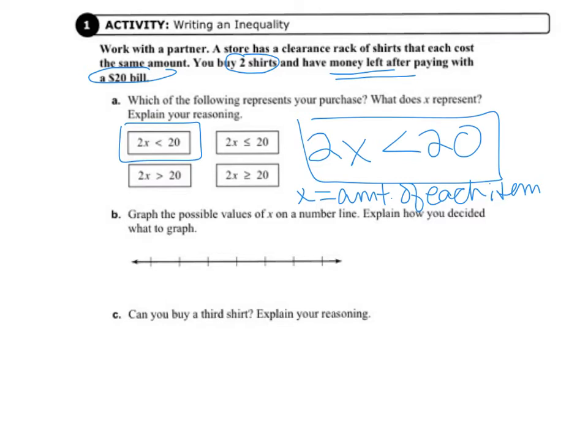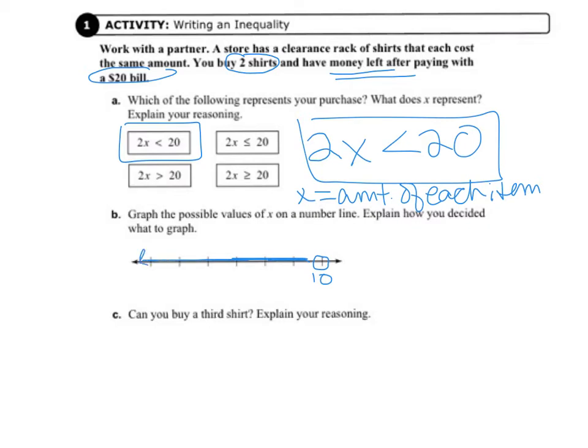But our problem says we have money left after paying with a $20 bill. So that means that we could spend $9.99. So we would have just a little bit of money left. So we need to have an open circle on our 10. So we know that 10 isn't included in the solution, but anything less than 10 is included.